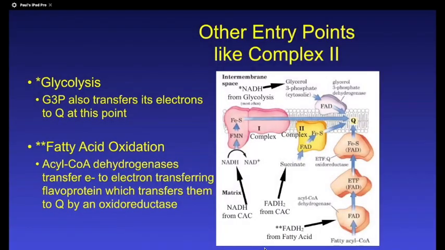Okay. Let's talk about this first, fatty acid oxidation. Okay, we're going to learn that in the process of fatty acid oxidation, as we break down fats, we're going to produce an FADH2 in the process.